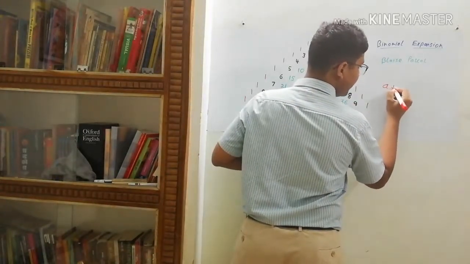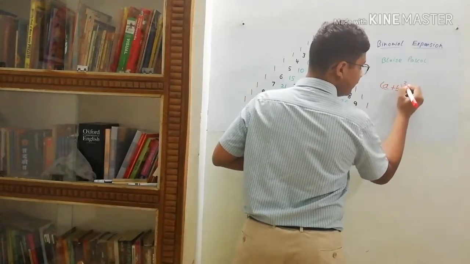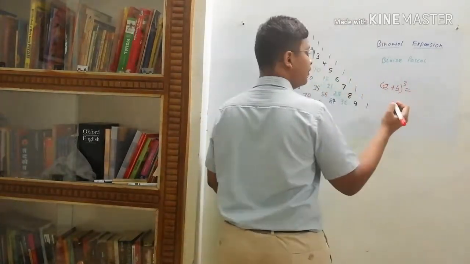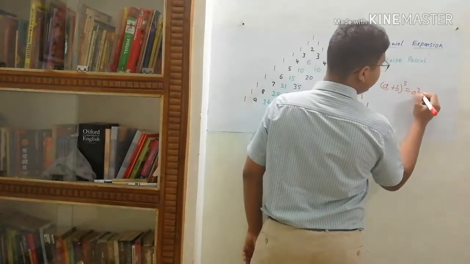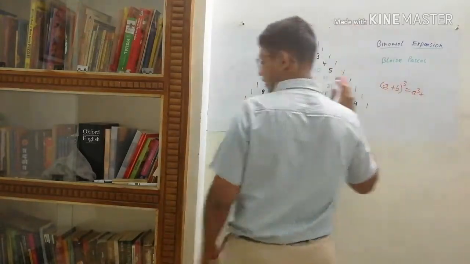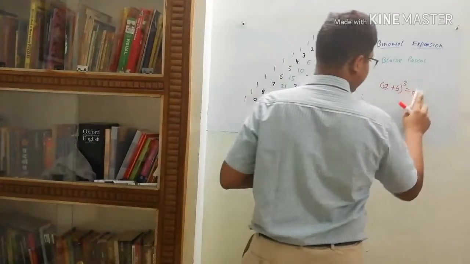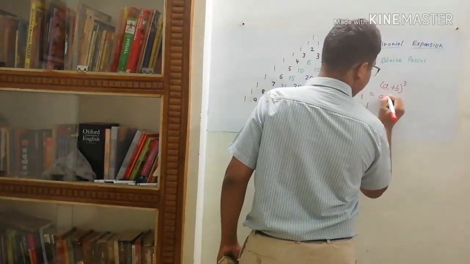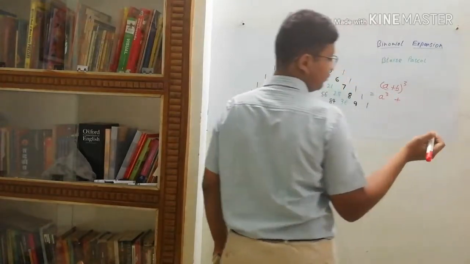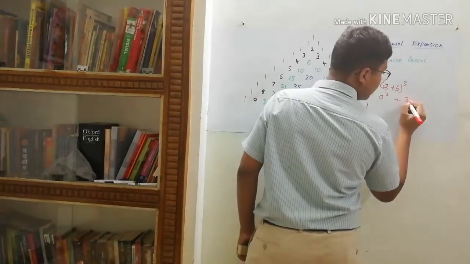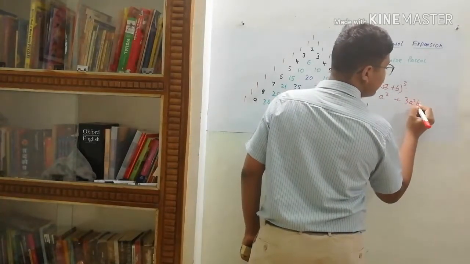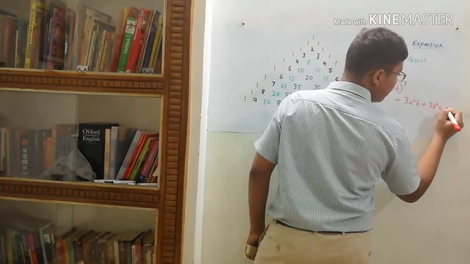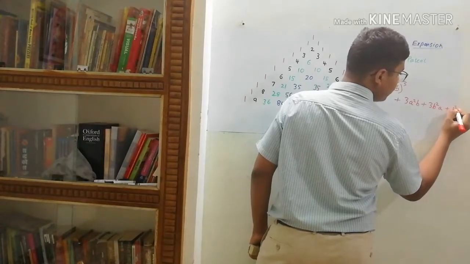So (A plus B) to the power 3 is equal to, you might know the formula, A cube plus 3A square B plus 3B square A plus B cube.